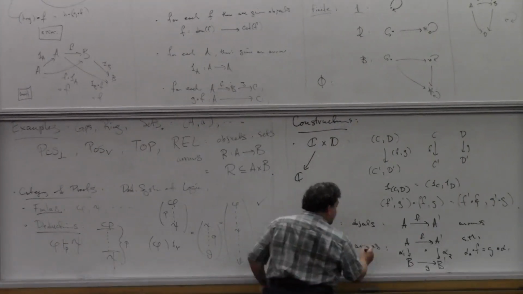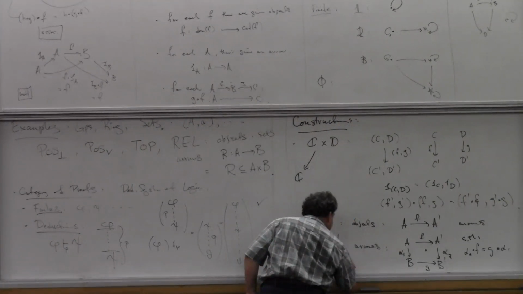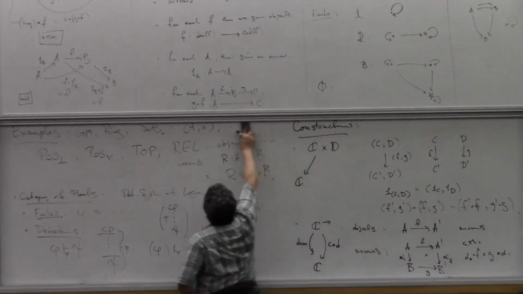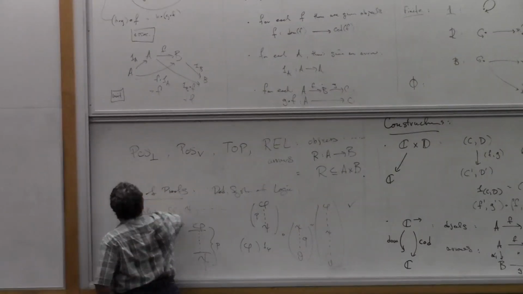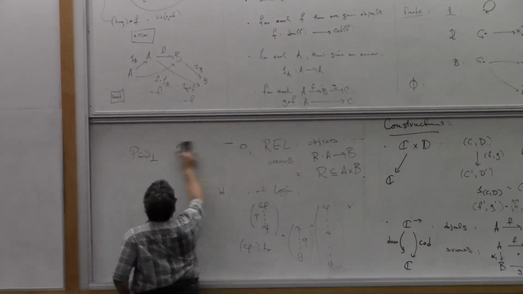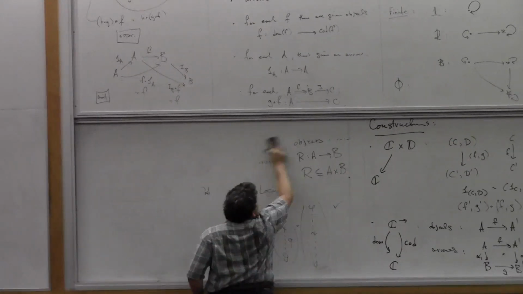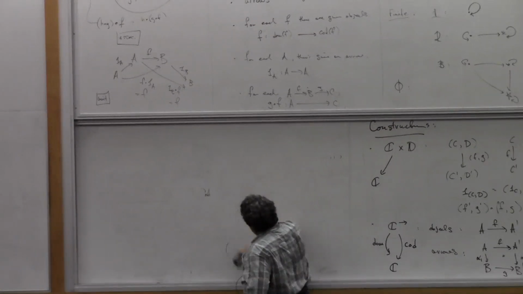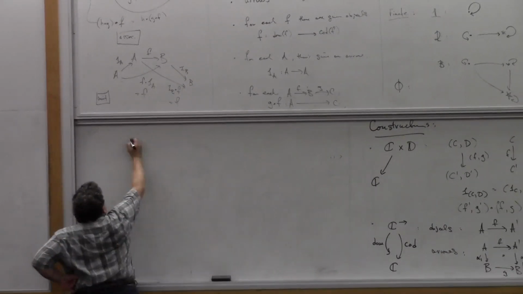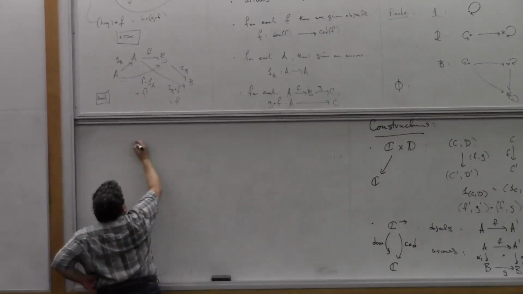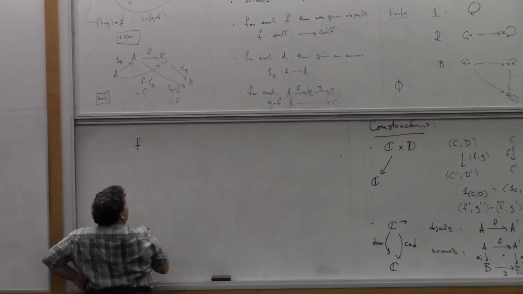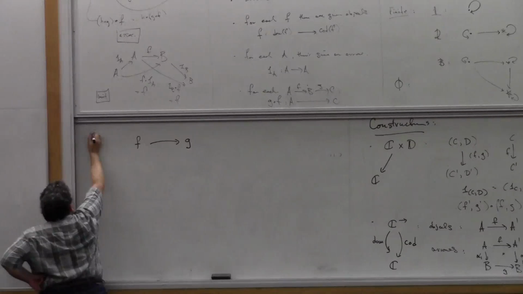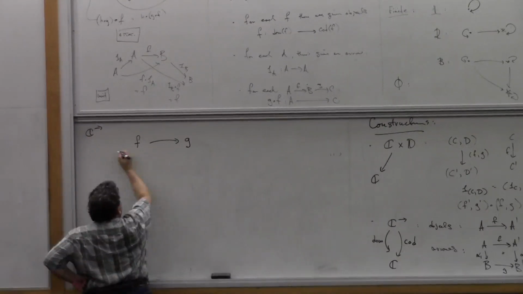So the definition of an arrow, let me write it like this: here's F. And then I'm saying, what is an arrow from F to G in the arrow category?